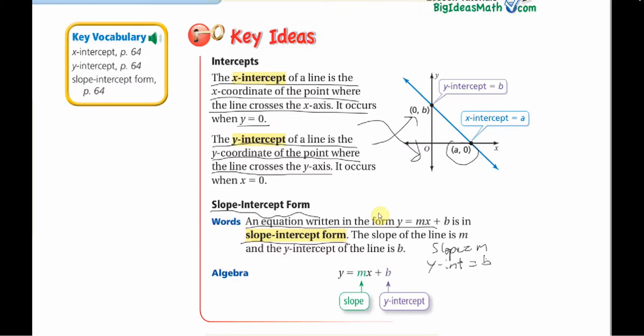So whatever number is right next to x, multiplying against x, is the slope. Whatever number is being added or subtracted is the y-intercept. We did this the last time. Now we're looking at the nitty-gritty of the math.